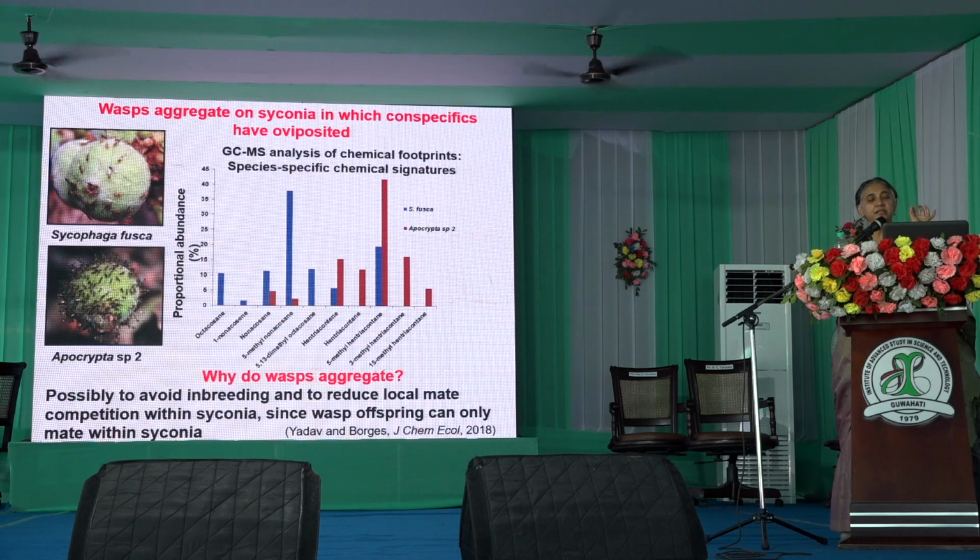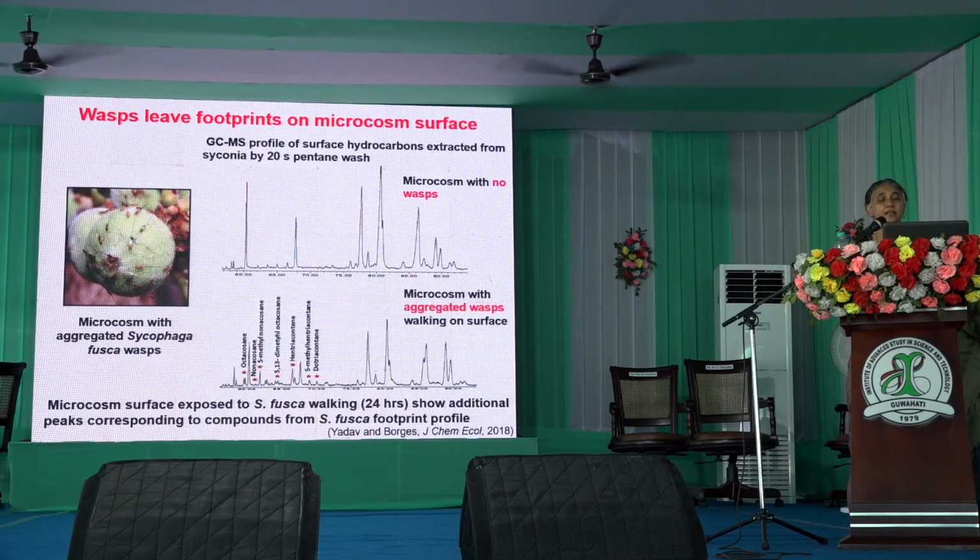The wasps' feet have glands called tarsal glands which secrete cuticular hydrocarbons, and we've demonstrated that the wasps are leaving their chemical footprints on the surface of the microcosm. This is all really marvelous stuff, that wasps are talking to each other and informing each other whether they have been there, how many of them have been there, and so on and so forth.